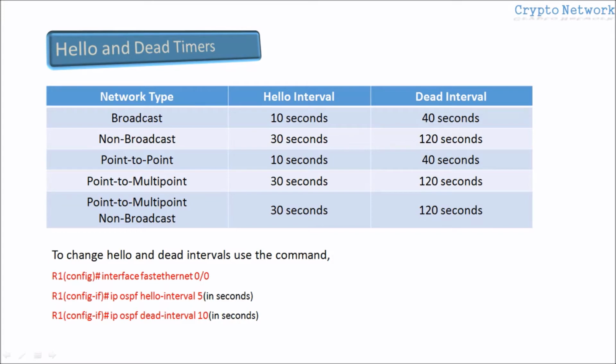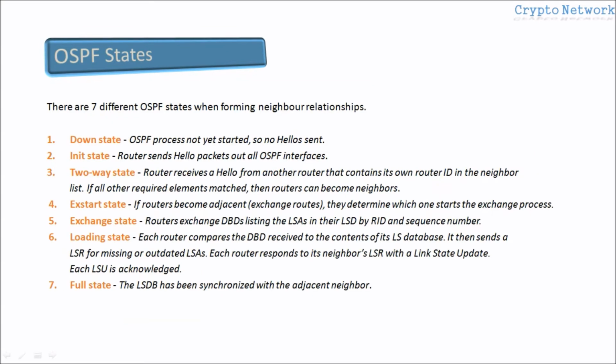Alright, so we have OSPF states in order to form a relationship with the peer router. To get through these 7 states to become neighbors, the first state is the down state, where no OSPF neighbors are detected at this moment. Init state, hello packet received from one router. Two-way state, own router ID found in received hello packet.